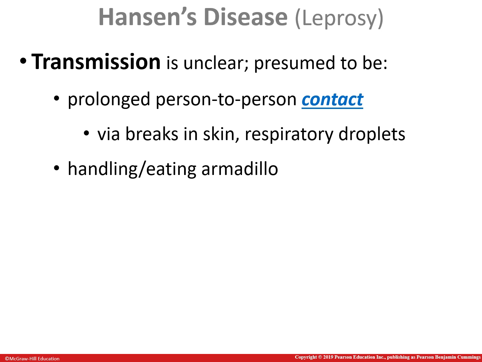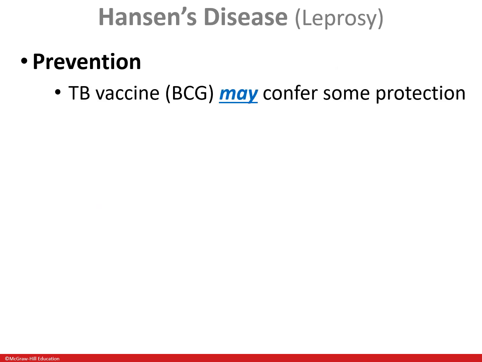We also know that there have been cases tracked to handling and eating armadillo, and especially in parts of the world where they eat raw liver from the armadillo as a delicacy. So places like Brazil, it's actually now illegal to eat raw liver because of the risk of transmitting this bacteria.